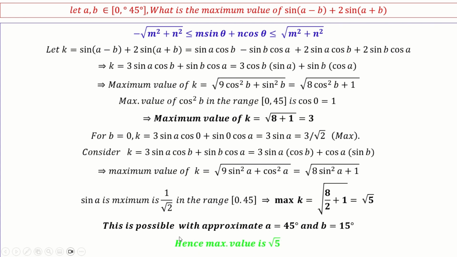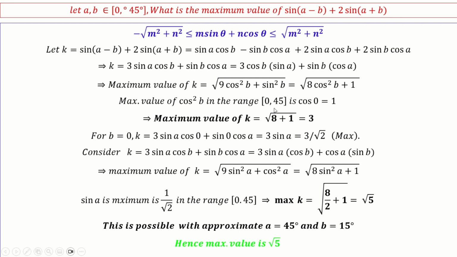So make sure that you know the equation, but make sure that you know where you are restricted. I can directly show that this is the answer. But some of you, if you go through the other possible way, you will get 3 and you may think 3 is the highest value, because if I compare 3 and square root of 5, 3 is the bigger value, right? So the only thing is we are restricted to this 0 to 45 degrees.